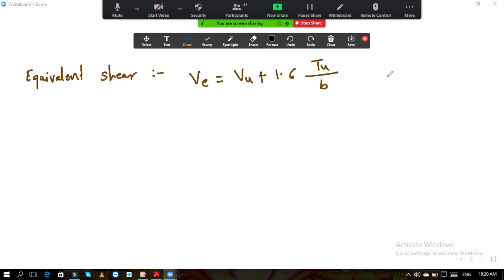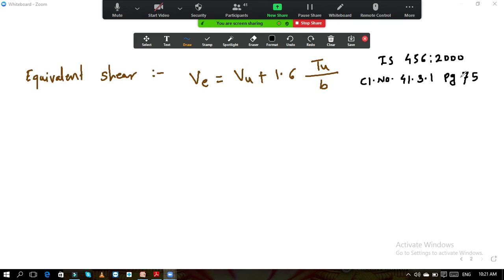This formula is given in IS 456:2000, Clause number 41.3.1, page 75.